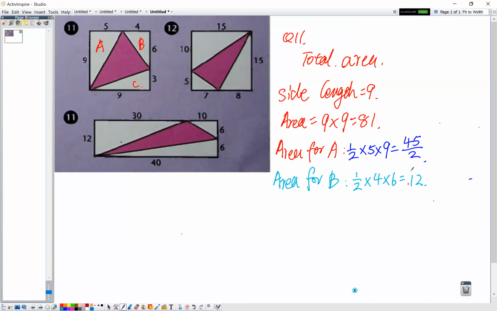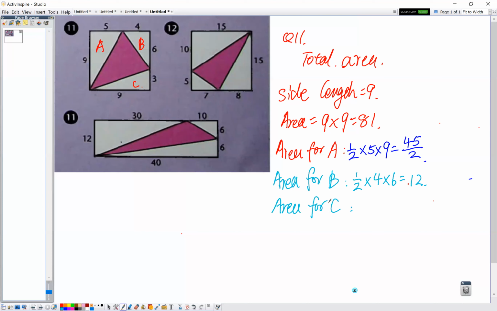So what else can we work out in this case? So what else can we do? We can find out C now.